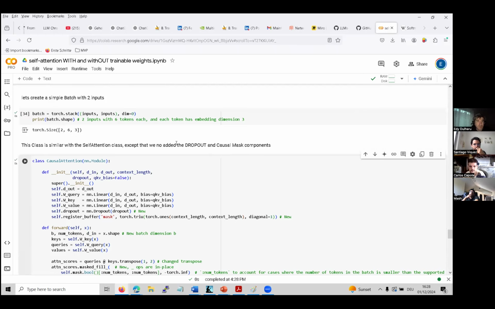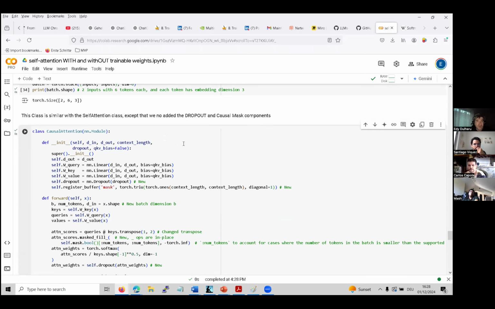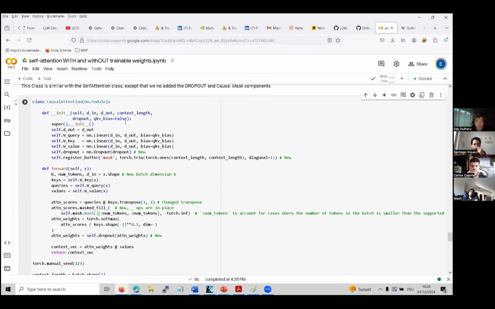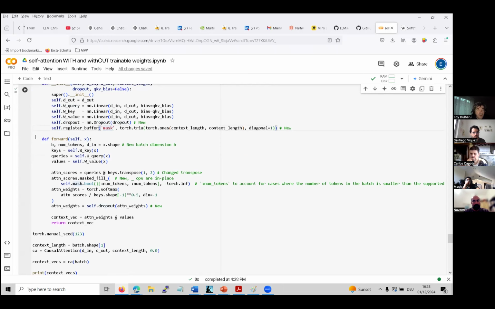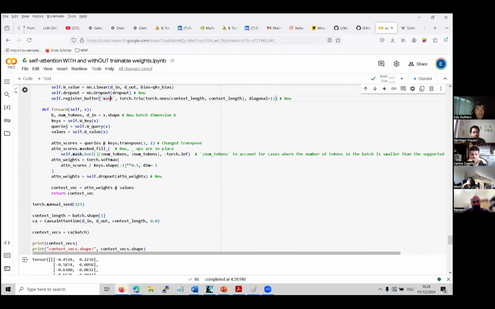So here a class basically encapsulates the causal attention mechanism using all the pieces of the code we went through earlier, like the output embedding size, the initialization of the query, key and value matrices, dropout mechanism is added, masking, and then a function called forward, where he takes the new batch dimension B, number of tokens, and input of the embedding dimension, which is 3, and defines keys, queries, and values.